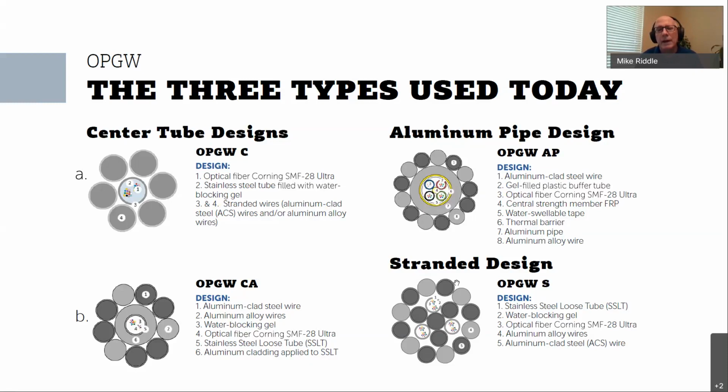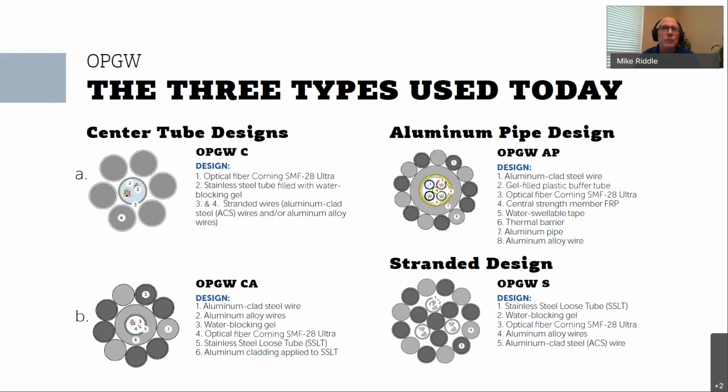And the last type is the stranded design. The stranded design features a stainless steel loose tube that's been stranded around a center wire. That wire could be ACS as it's drawn in this picture, but it could also be aluminum alloy. Again, depends upon what the cable designer was trying to achieve.